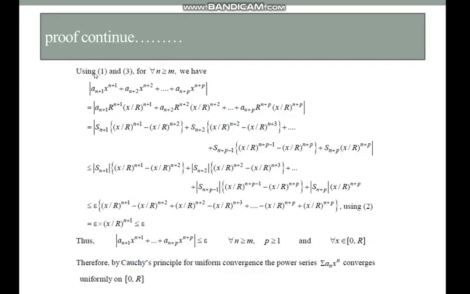Now using equations 1 and 3, for all n greater than or equal to M, we have the modulus of a_{n+1} x^{n+1} + ... + a_{n+p} x^{n+p}.